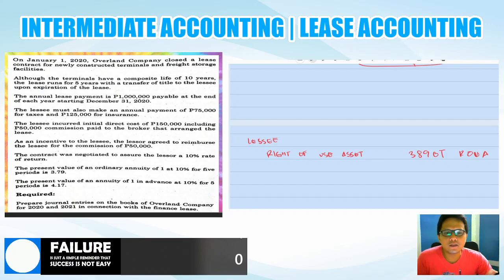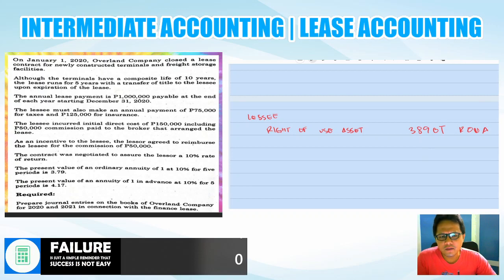So what does it tell us? It means na because there is a transfer of title, this right of use asset should be depreciated using the life of the asset, which is 10 years.